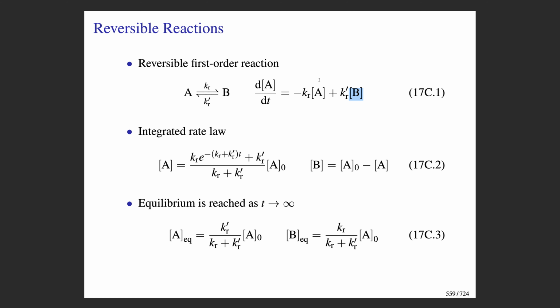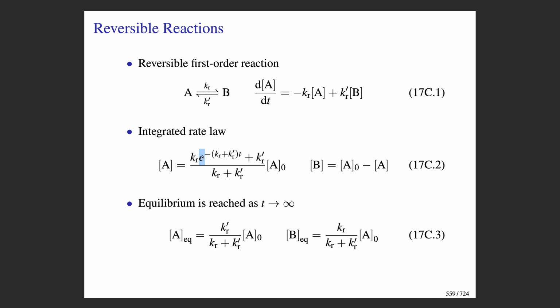And you can write a similar equation, but of opposite sign, for how species B changes with respect to time. You can take those two differential equations and integrate them together, and that leads to this integrated rate law that we have right here.